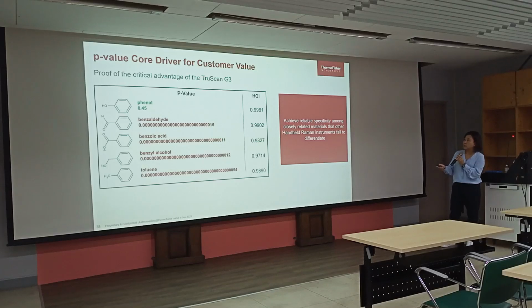We are able to achieve a reliable specificity. That means our p-value has very high specificity and selectivity among all closely related materials, compared with other handheld instruments that fail to differentiate them. So we can easily differentiate with the p-value.